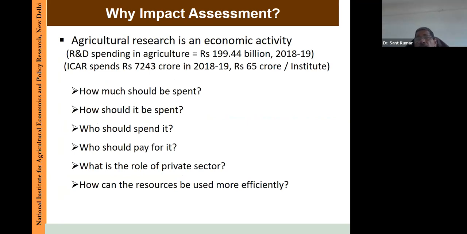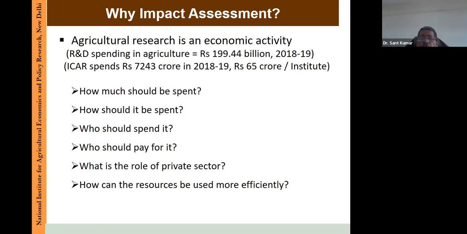Regarding agriculture research and economic activity, in the Indian condition we invest about 200 billion rupees in agricultural R&D, and in terms of the share of agricultural GDP, what we produce, it is about 0.0616% of that.